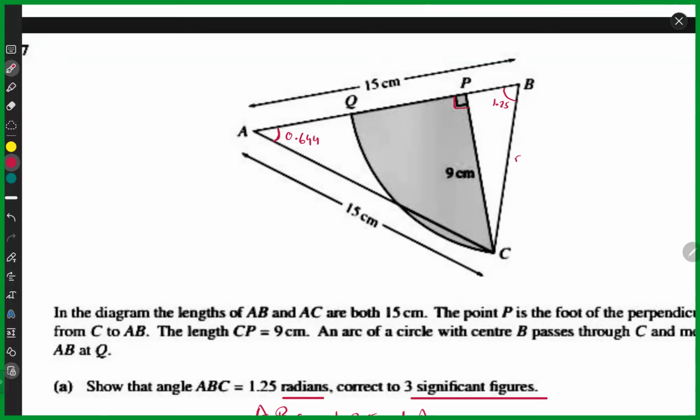But first of all, let's find out the radius. Now, how do we find out the radius? That's also important. For the radius, we already have 9 and 15. And this length right here is basically the radius.